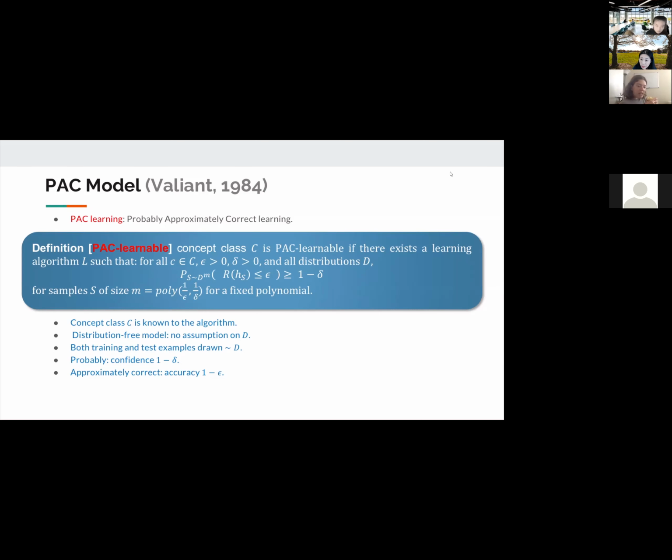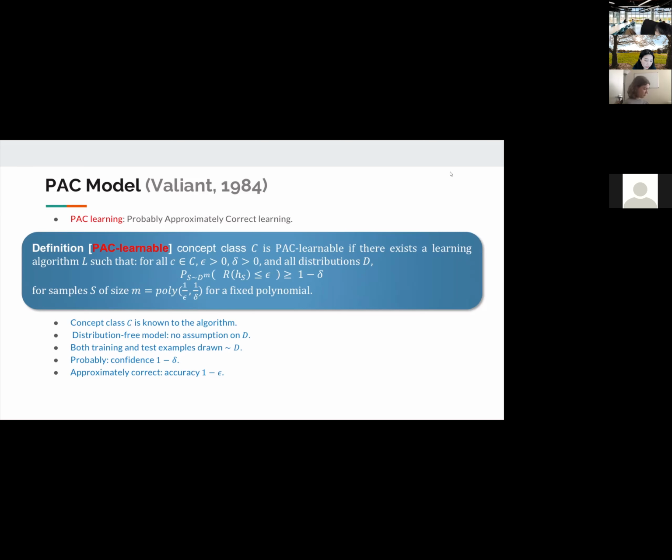So this seems to be a too strict definition, right? In practice, sometimes you only care about your performance on a certain distribution. And we will talk about the distribution related concepts later on. But this is a distribution-free model.